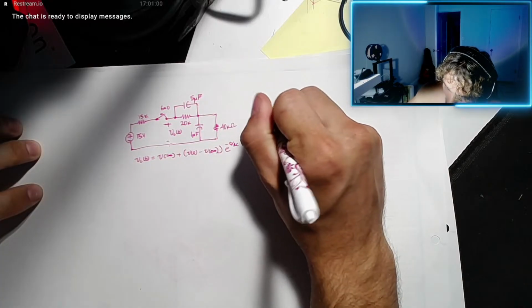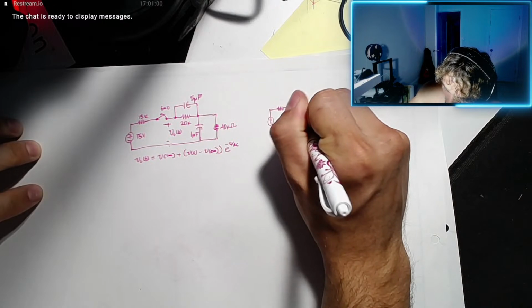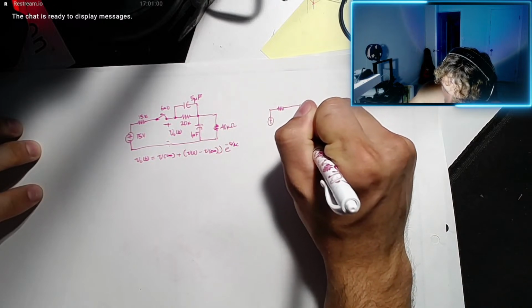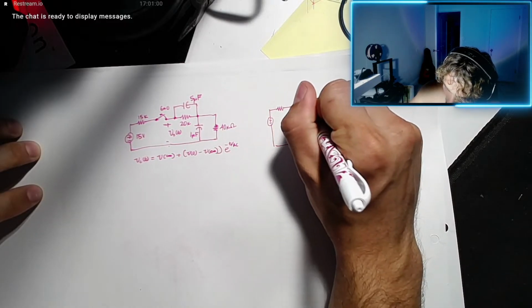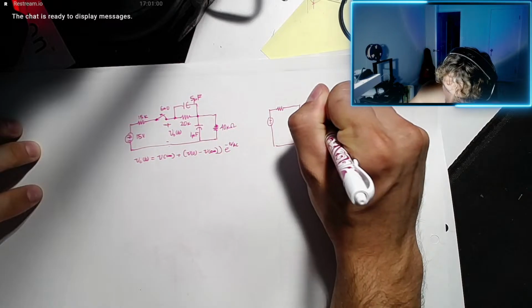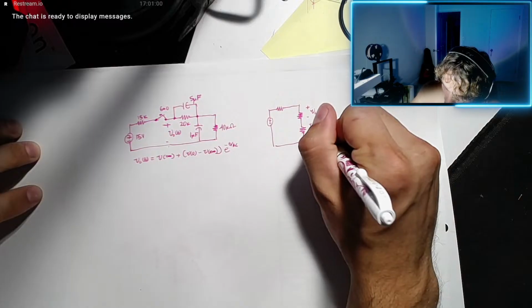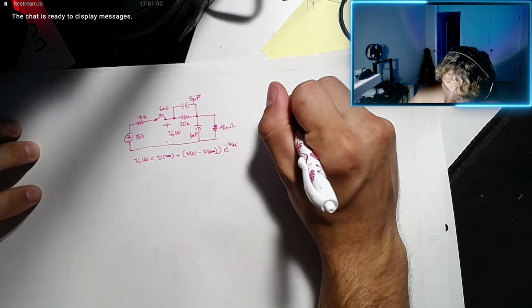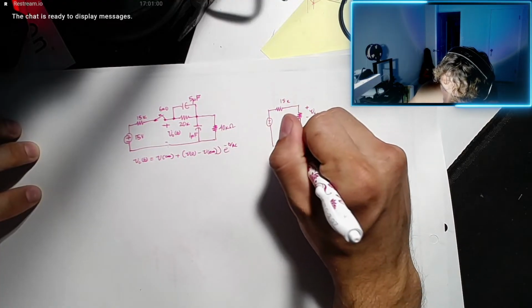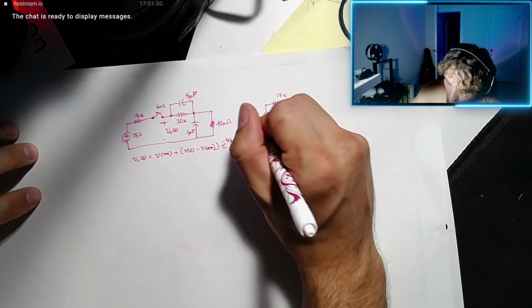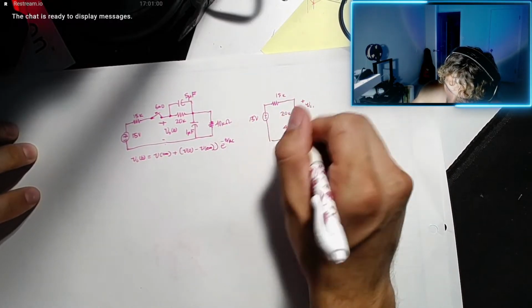Our 15 volt supply, 15K. Then we're going to have this voltage divider right here: 15K, 20K, 40K, 15 volts.